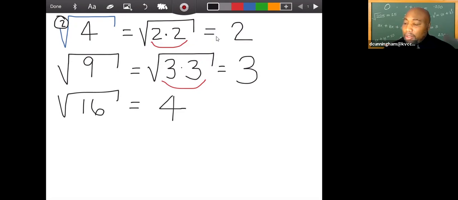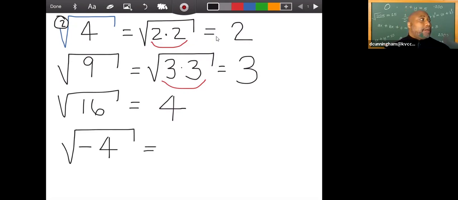Let's do another one. Let's do the square root of a negative 4. So we want to figure out what 2 numbers that are the same will give me a negative 4. Now we know 2 times 2 is 4. And we also know 2 times a negative 2 is a negative 4.